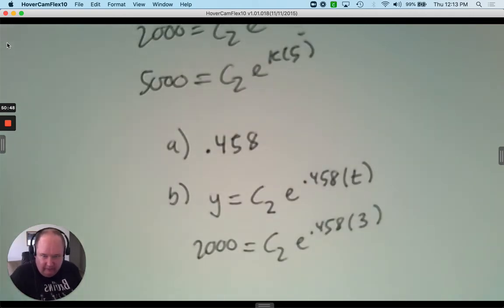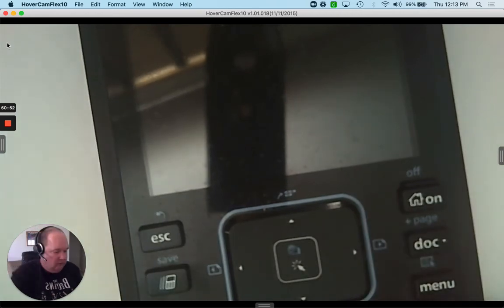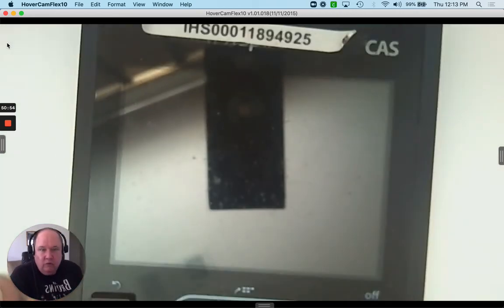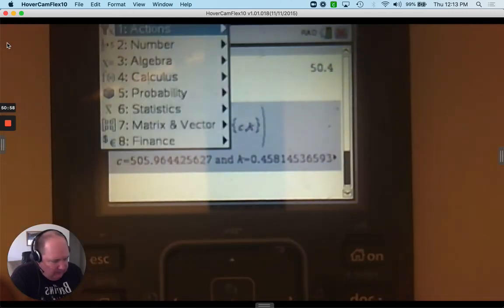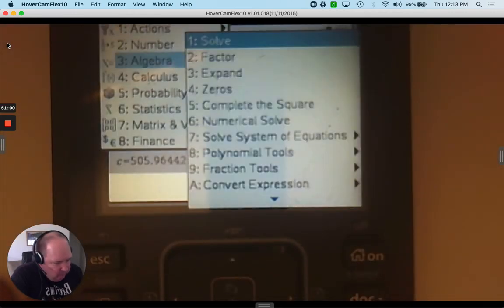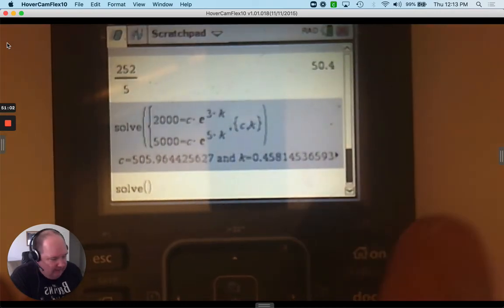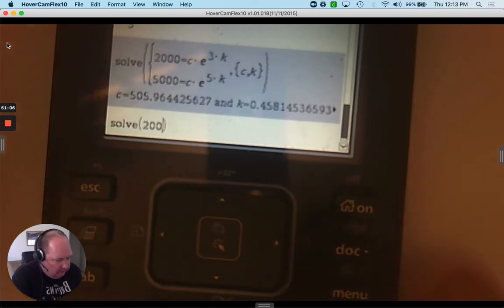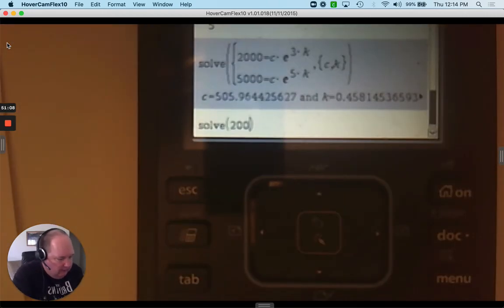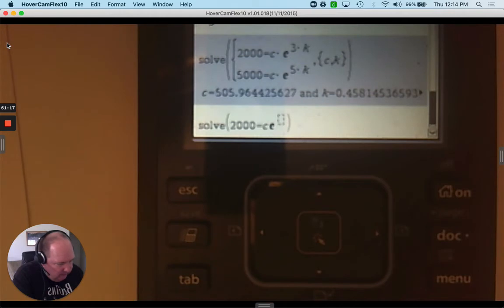So I'm going to solve that equation, but not use the rounded answer. So how do I solve that equation? We're going to go menu, algebra. We're going to solve, and the equation we're going to solve is 2,000 equals, I'm looking for c, so I'll just go c, e, and then we need to copy paste.